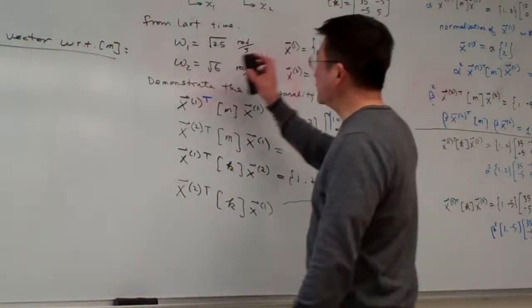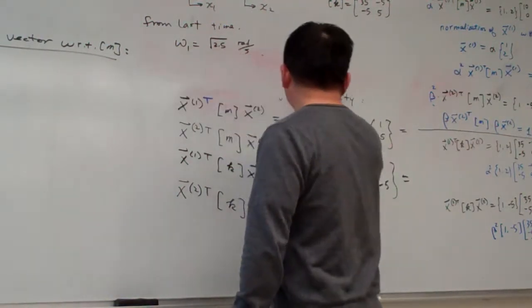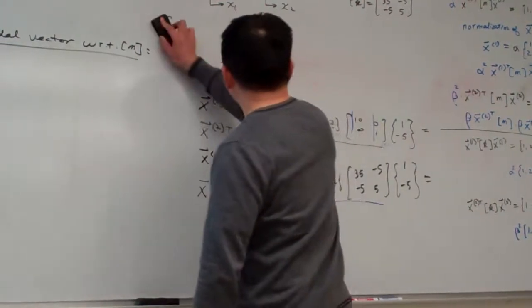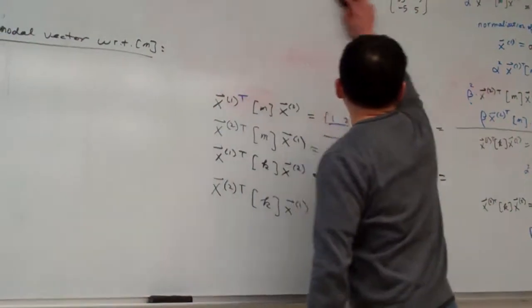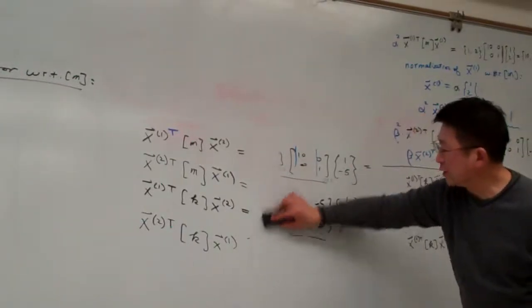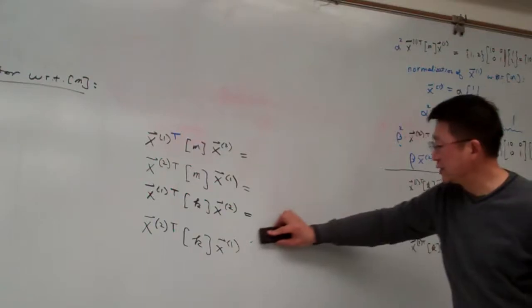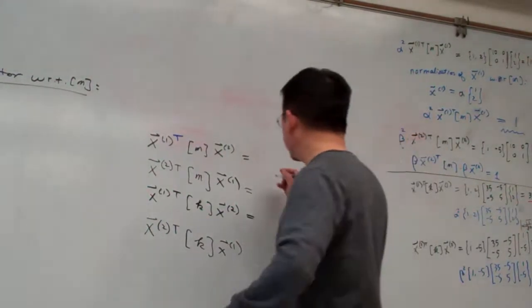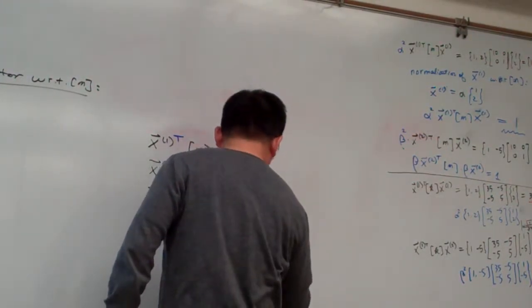Okay, so for the one final step, let me summarize everything we have done here. Let me get rid of unnecessary writings and put these things in a better way. So this is 0, this is 0, 0, and this is 0.